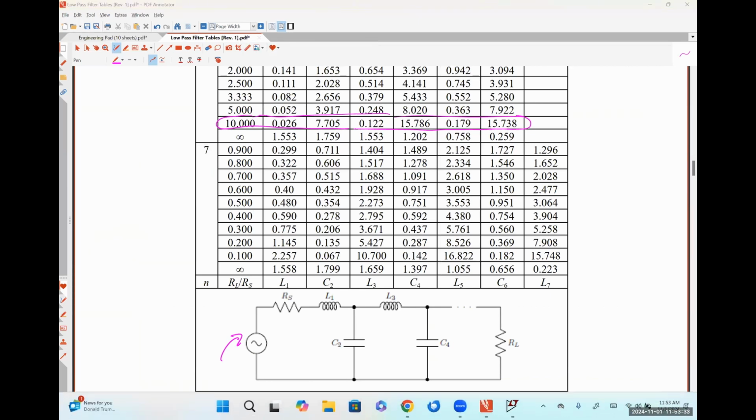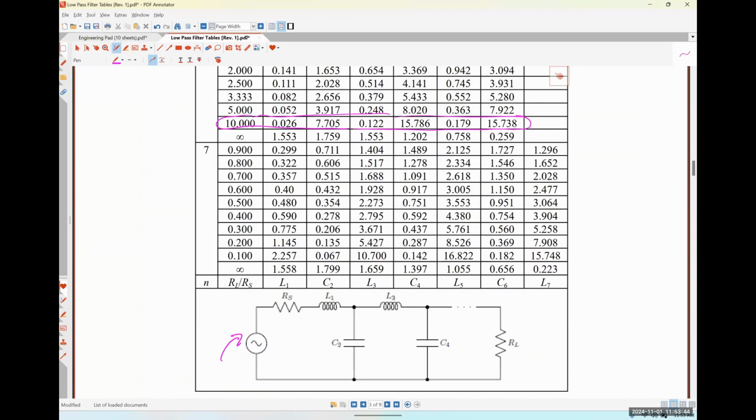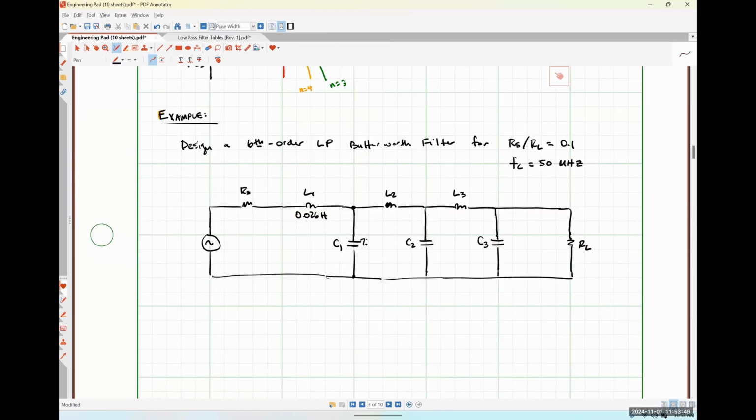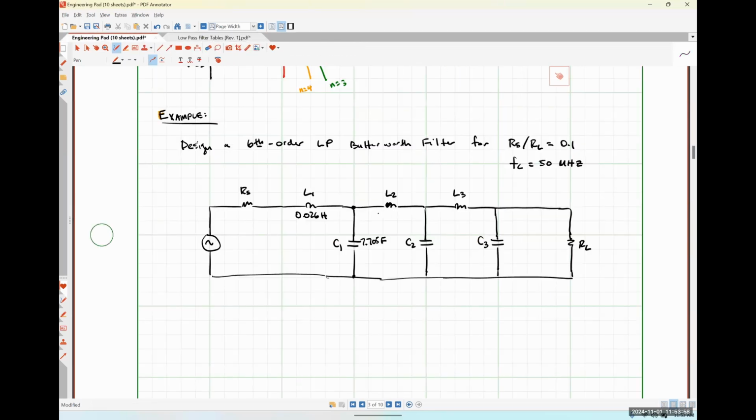It's not symmetrical because RS and RL aren't equal. My apologies. Let me erase that. All right, 7.705, 0.122. So that I don't have to keep going back and forth, I'm just going to use the physical table in front of me.